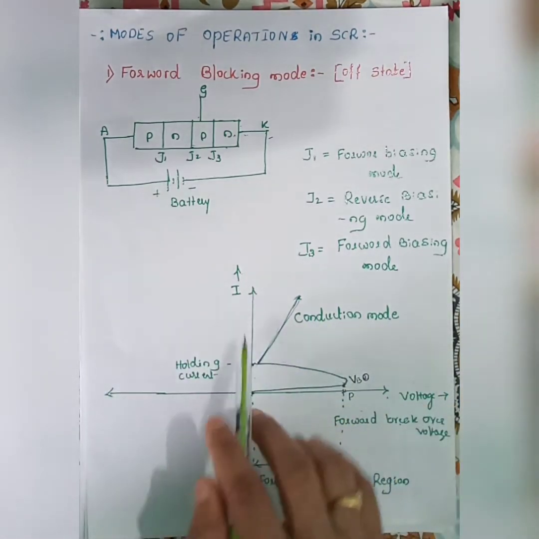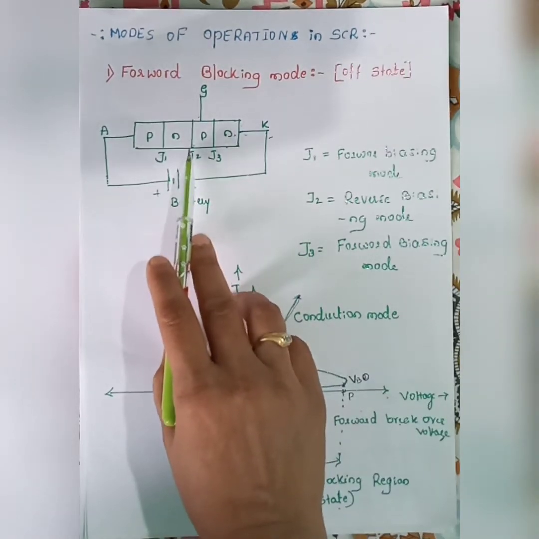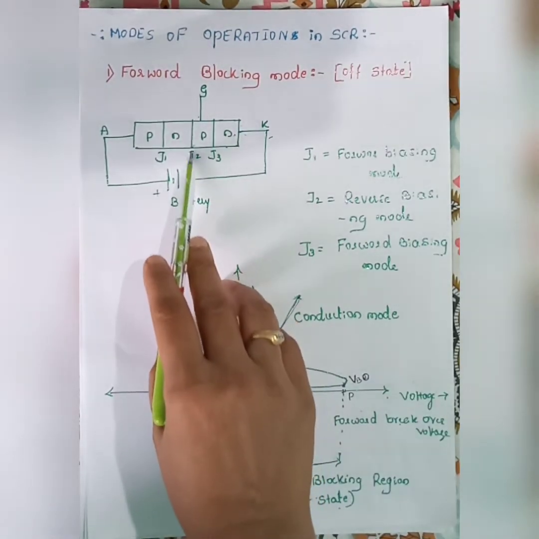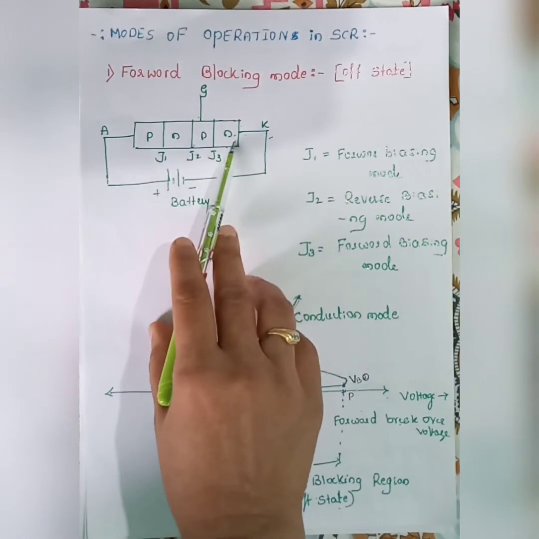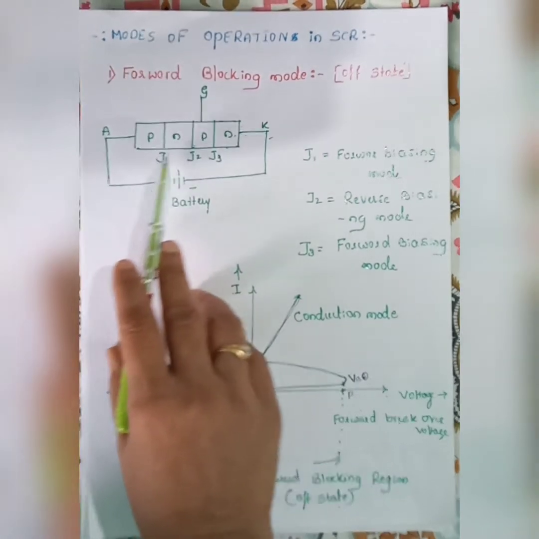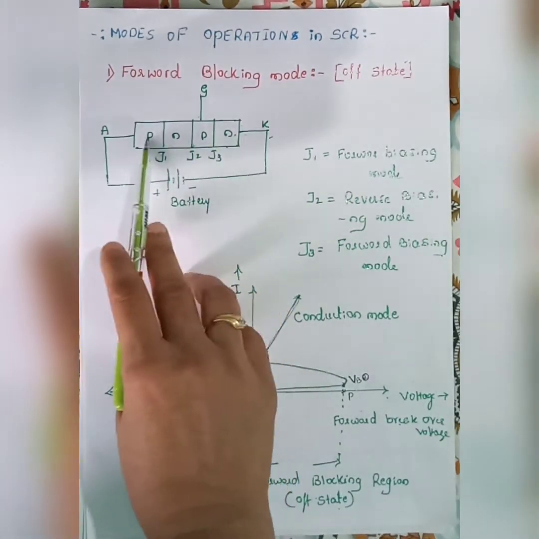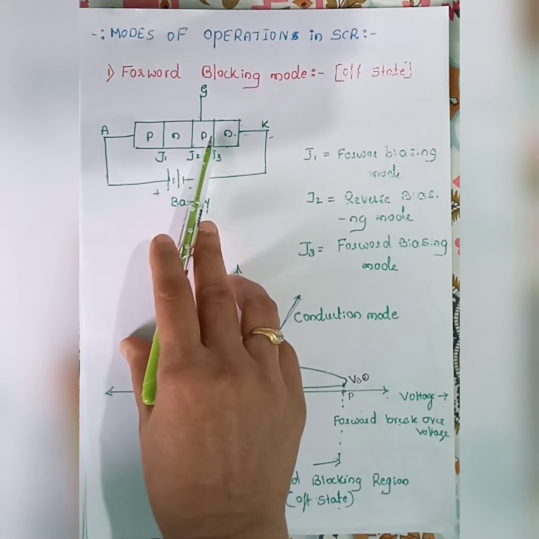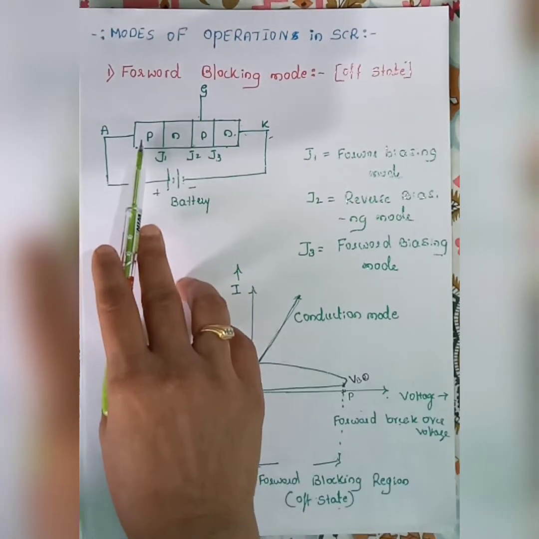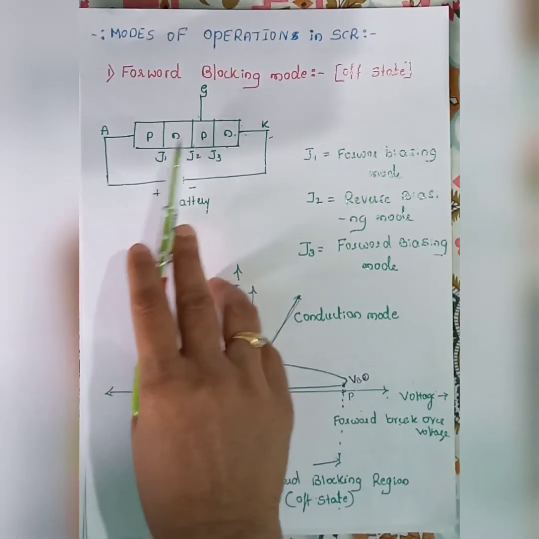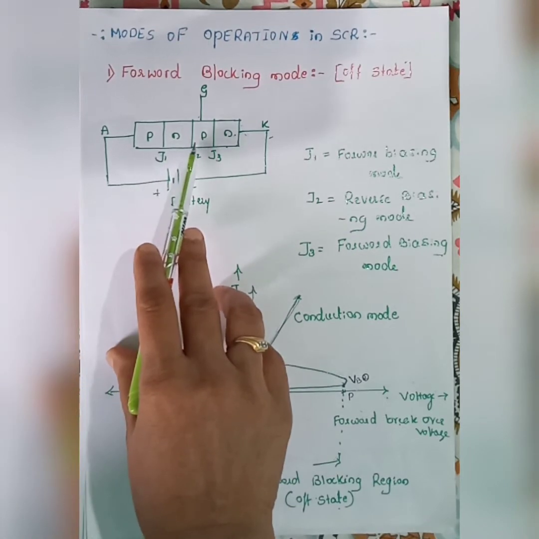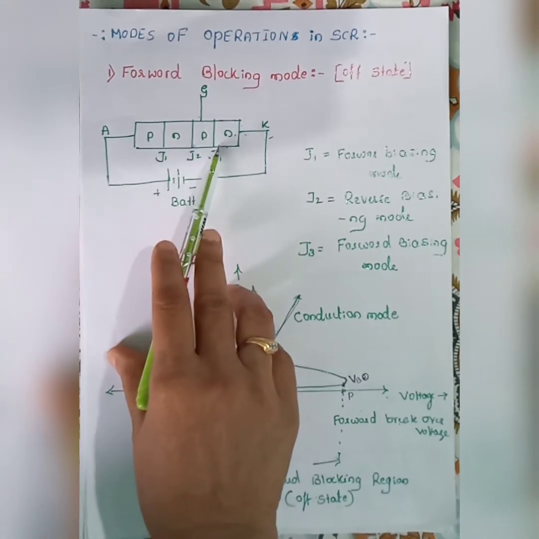Now junction J2 creates a depletion layer, and because of this it blocks the current passing in the SCR device, but a small leakage current passes from the anode to cathode. This is because of the minority carriers present in the device, but this current is not sufficient to bring the SCR to the on state.